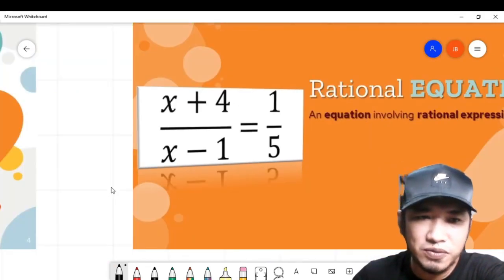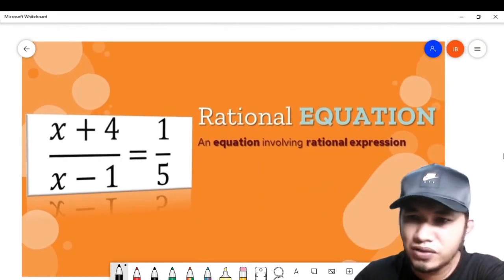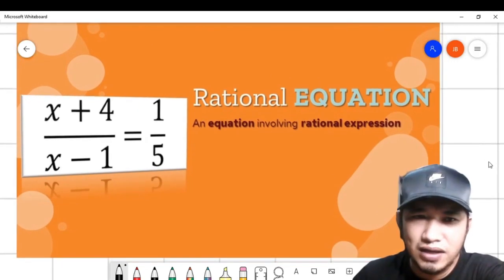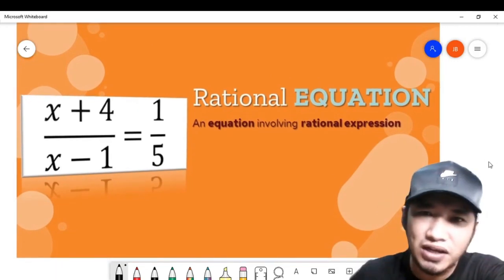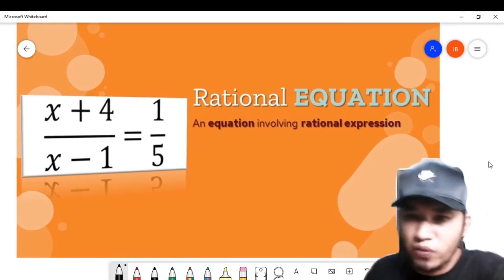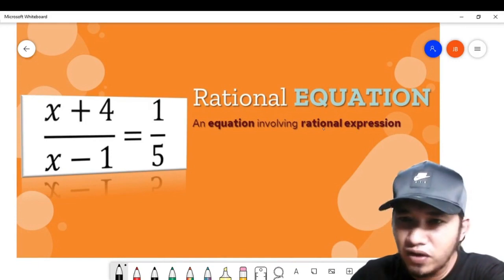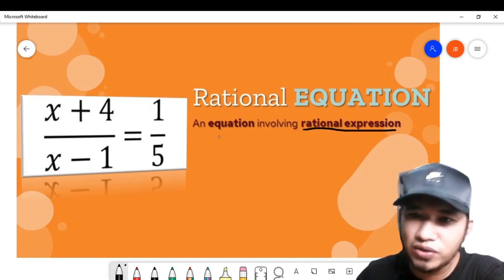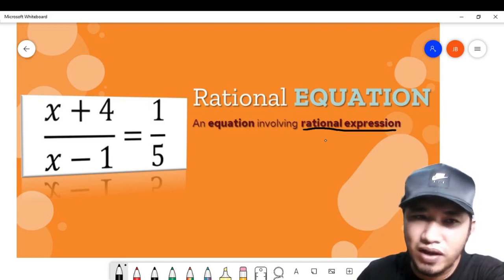So let's proceed. Next, let's talk about rational equation. A rational equation is an equation involving, take note, rational expressions. A rational expression consists of just one term. In our example, x plus 4 all over x minus 1 is equal to 1 all over 5.